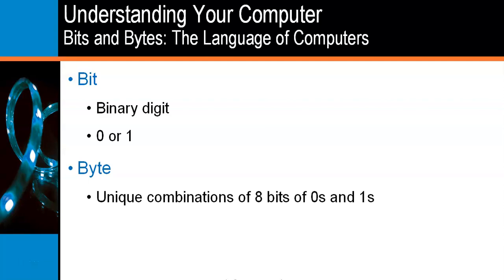Okay? And since realistically a particular bit can't do really much of anything by itself, we further organize our bits into bytes, which are a unique combination of 8 bits of zeros and ones, and by having enough bytes and enough different combinations, we can do an amazing amount of things. And we tend to, again, just take it for granted.